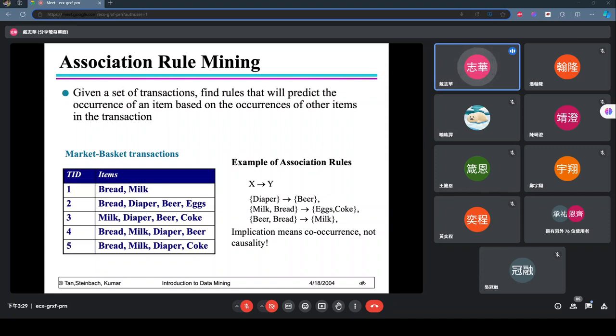And this rule is explained as: when X happens, what is the confidence that Y would also happen?